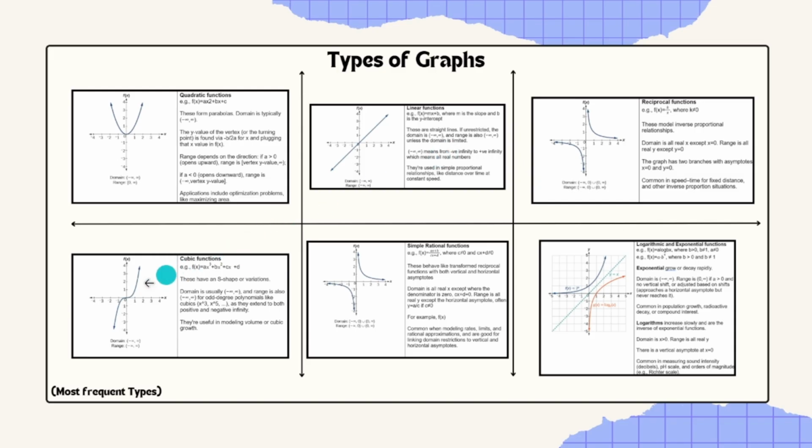Then we have cubic functions, which are in this form. When a is greater than 0, the function basically approaches positive infinity as x goes to the right. However, if a is less than 0, the opposite tends to happen.